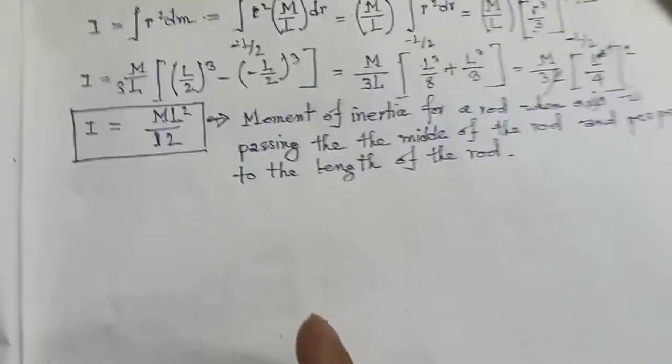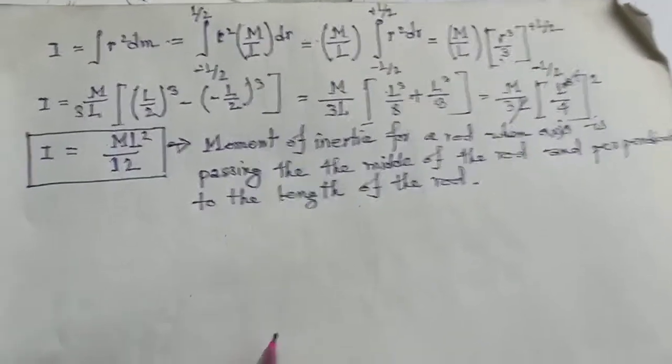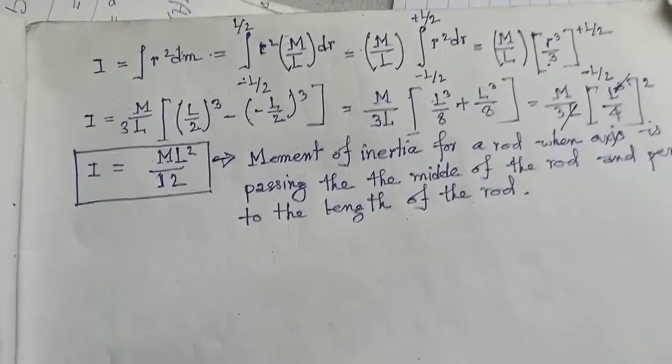Now we'll see what will be the moment of inertia for a rod when the axis of rotation is passing through one side of the rod.